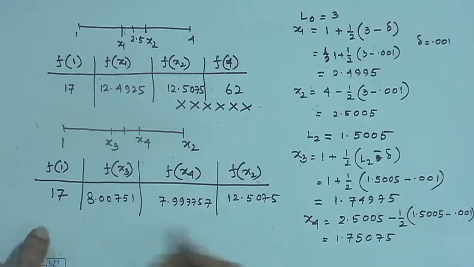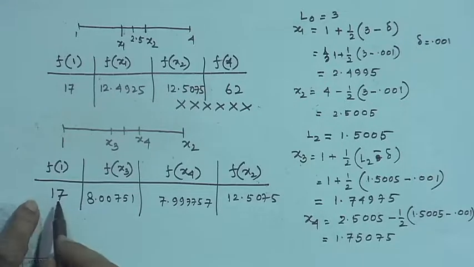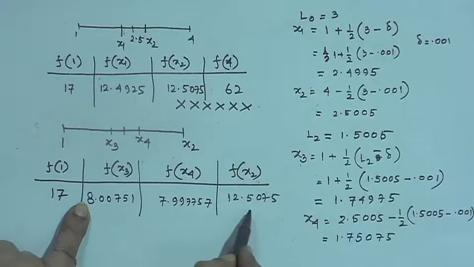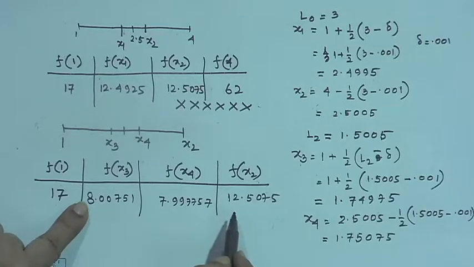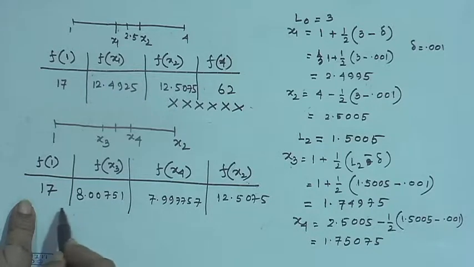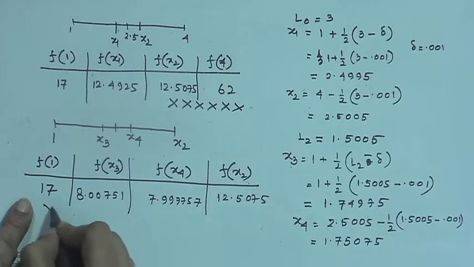Now if we again see the trend, 17, then 8, again it is coming to 7.9, then 12. That is why the minimum cannot lie in this portion. Let us discard it again.